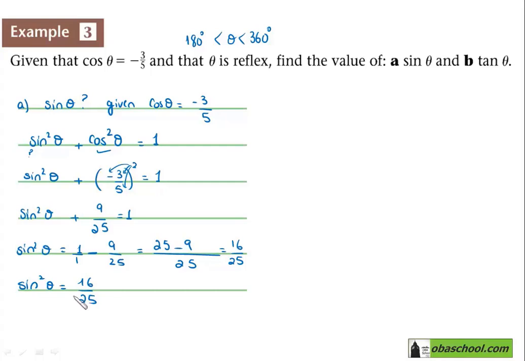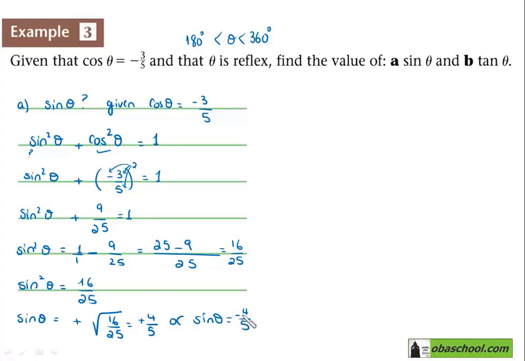Pay attention that sine theta has two possibilities. It could be positive square root of 16 over 25, which is plus 4 over 5, or it could be negative square root of 16 over 25, which is minus 4 over 5. We only want one answer.